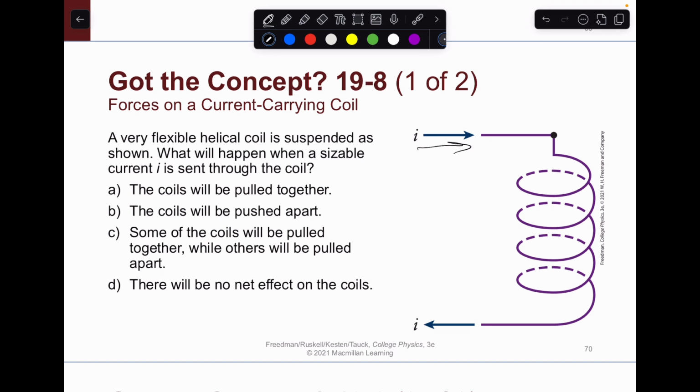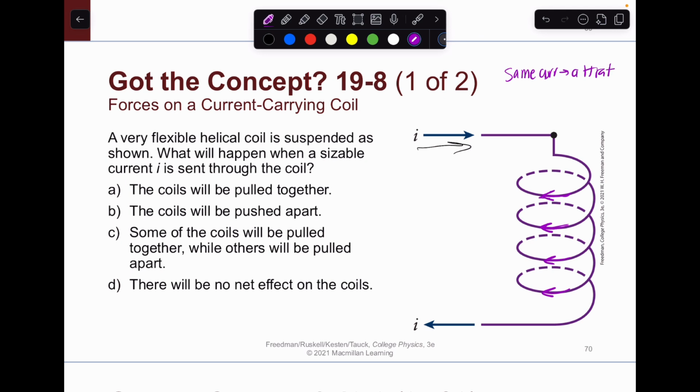The idea here is we need to take a look at the direction of the current at these parallel locations. Let's look at the direction of the current at the side of the coil that's closest to us. They're all pointing to the left. And so we're going to have parallel wires here, with the currents pointing in the same direction. And remember that same-direction current gives an attractive force.